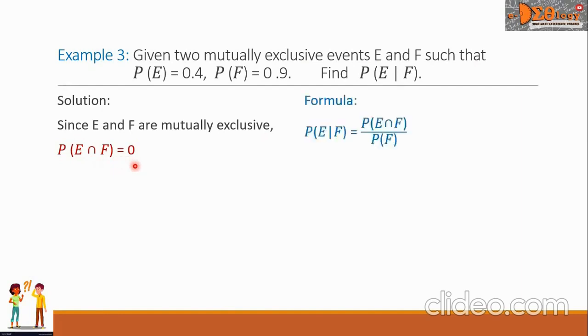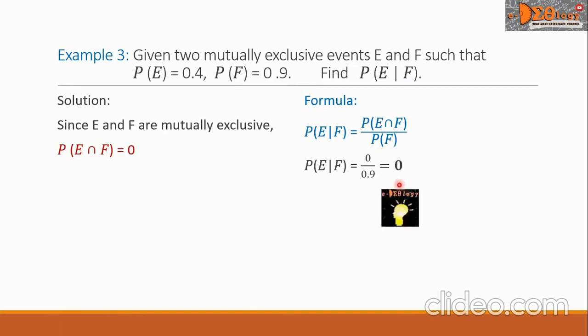Now, using our formula to find the conditional probability P of E given F, we will substitute the values 0 in the numerator over the P of F is the 0.9, and the answer is 0. This is our final answer.